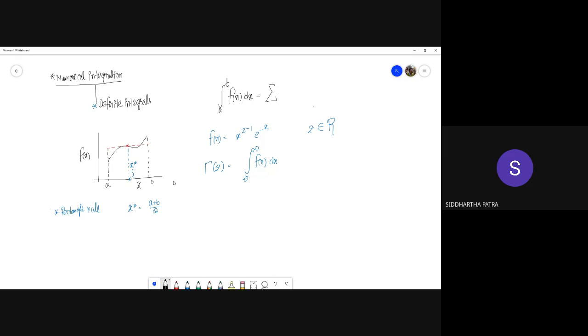Everywhere it is the same value. Then you try to get the area of this rectangle. The area of this rectangle A would be b minus a times whatever is the value of f at x star, that is f at (a plus b) by 2. And that essentially gives us this red area under the curve.